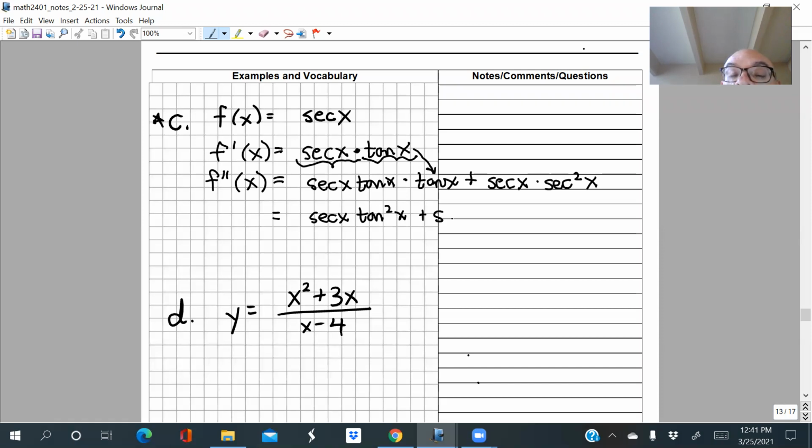So we have plus secant cubed x. Well, there it is, the second derivative of the secant. Unless they ask us to do something with the second derivative, that's it. You've got it written down.